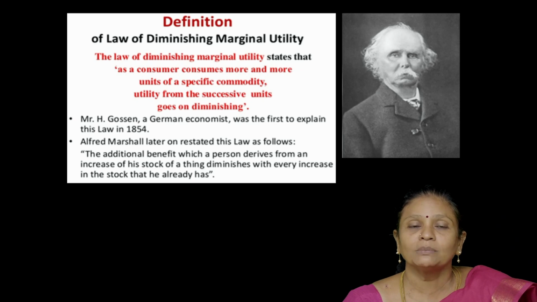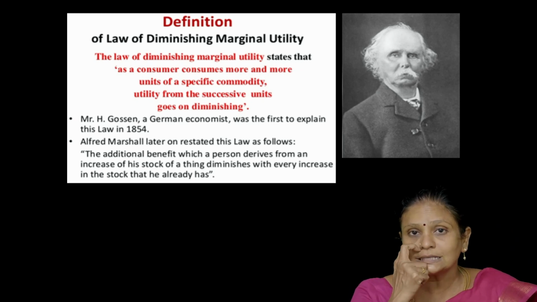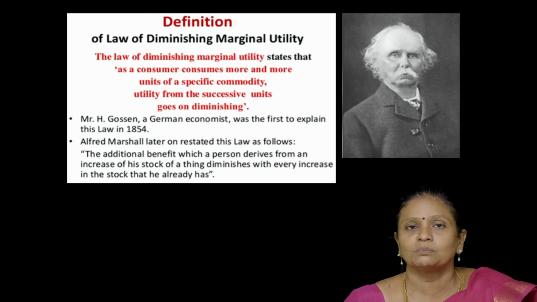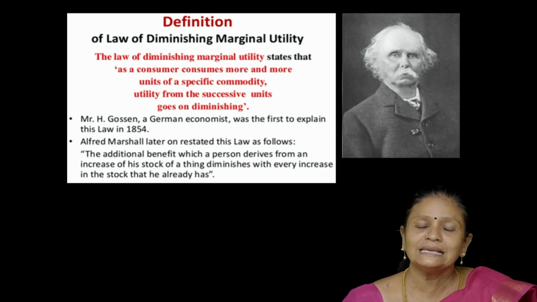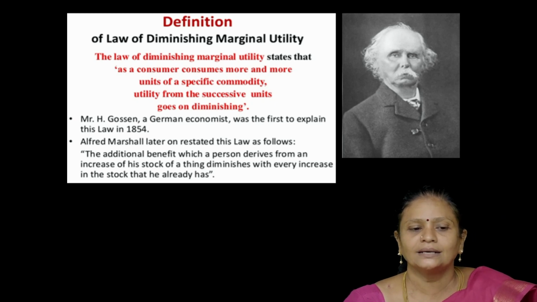First, Mr. H. Gossen, a German economist, was the first to explain this law, that is the law of diminishing marginal utility, in the year 1854. Alfred Marshall later restated this law: the additional benefit which a person derives from an increase of a stock of a thing diminishes with every increase in the stock that he already has.